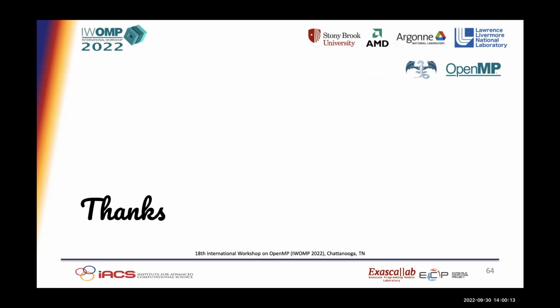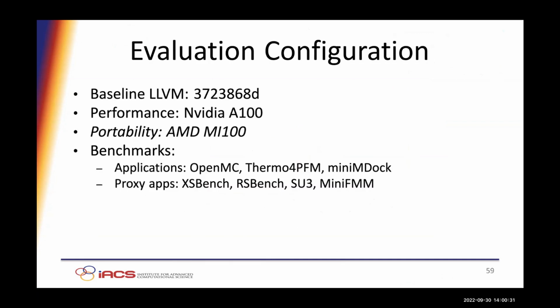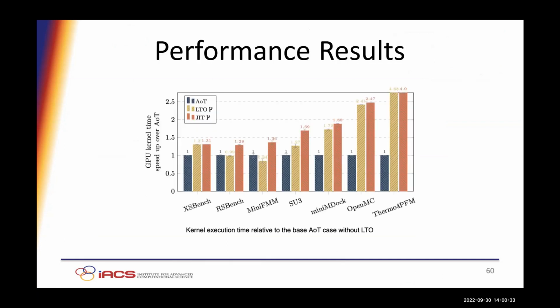Nice work, guys. So the thing that occurs to me is that it seems like there might be some opportunity for extensions that could help guide the link time optimization. Like I look at the mini mdoc result, right? And I can imagine, say, kernels that are used for initialization and bringing data over to the device, but they're not getting executed repeatedly.